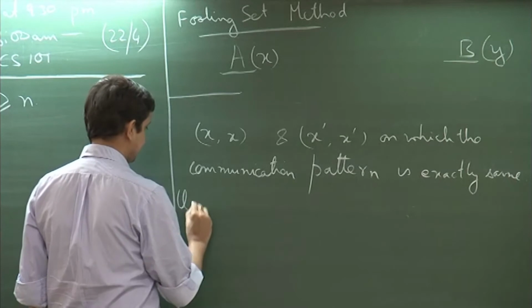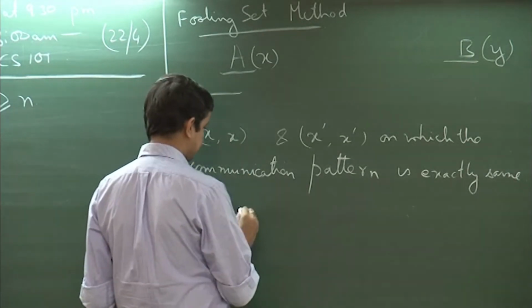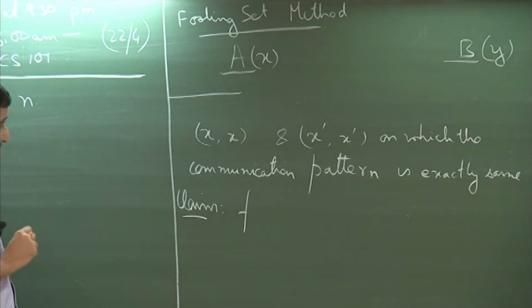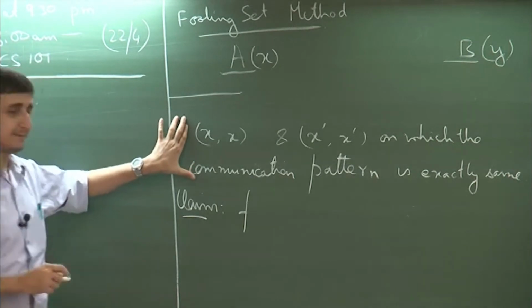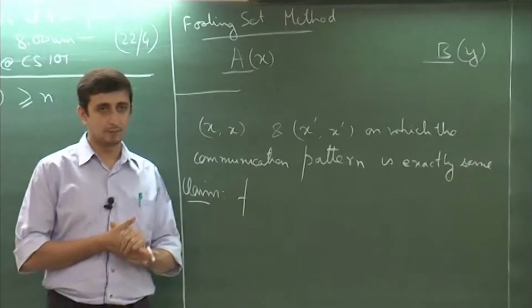So, then what can we say? Suppose this is the case, then the claim is that, for any function, here we are just abstractly looking at some function. Okay. So, forget about the equality problem for now.